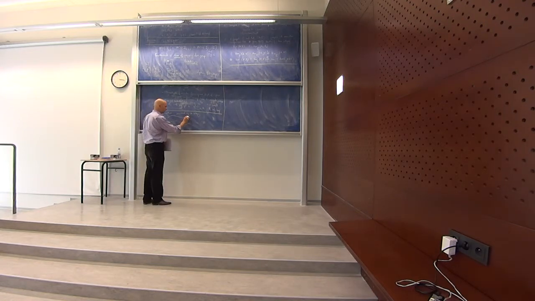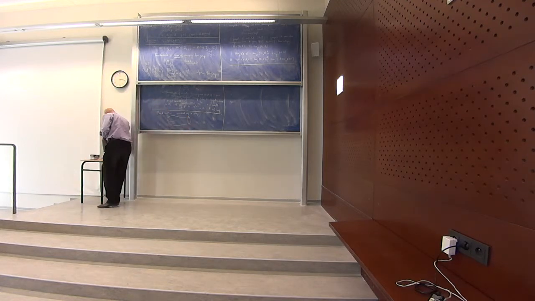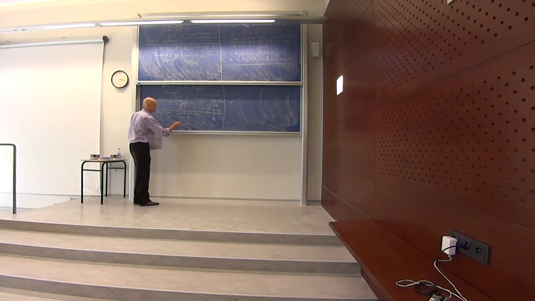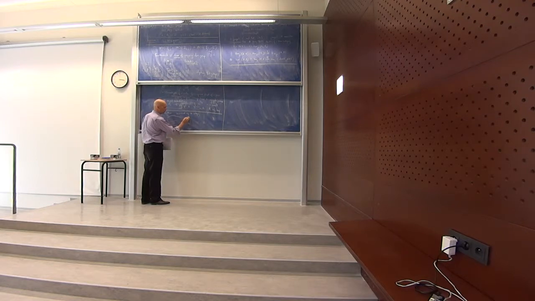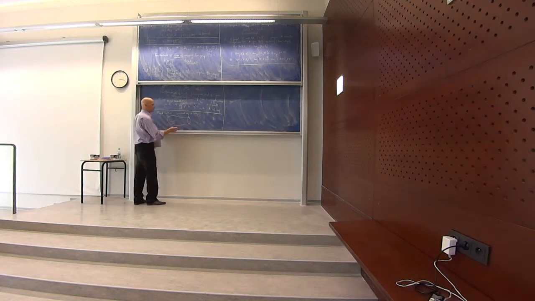And now you have the rigid structure, which is going, here was 0, so here, just a little bit on the left side, is exponential i epsilon, and here is exponential minus i epsilon.